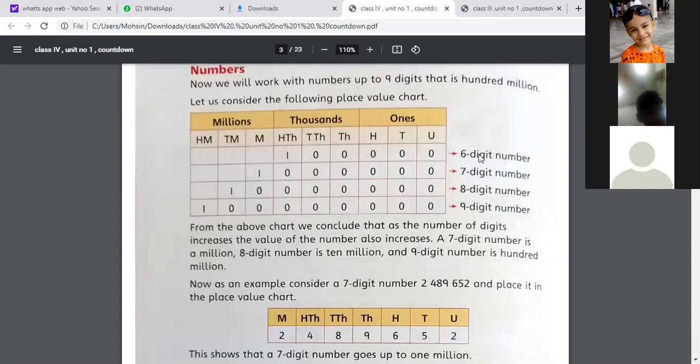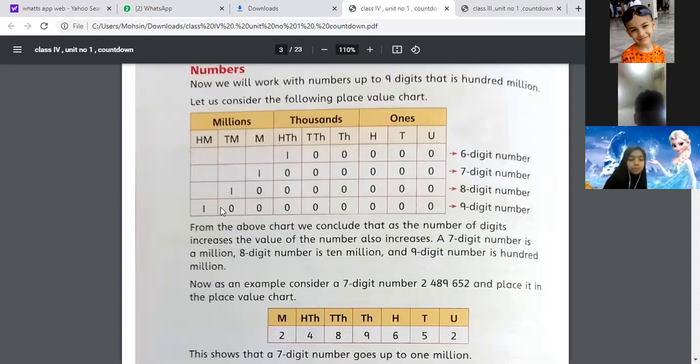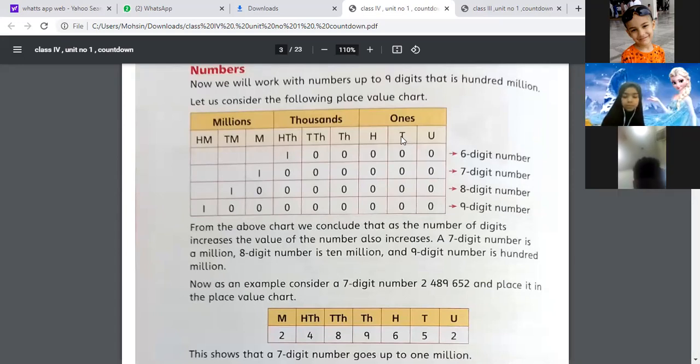In 100,000, we have 6 digits, and in 1 million, we have a 7-digit number, and in 10 million, we have 8-digit numbers, and in 100 million, we have 9 digits. It is simple. How many zeros in 10?